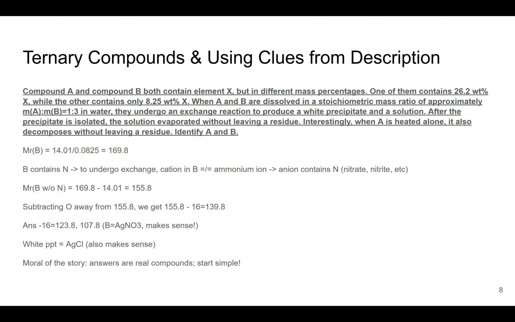And so we have verified all our answers, and we know that A and B are just NH4Cl and AgNO3 respectively. So the moral of this story is that the answers are real compounds, so we should start simple and try to find our answer through this very simple and logical train of thought before we move on to something more difficult, which we should only do when this simple way of thinking doesn't yield any results.